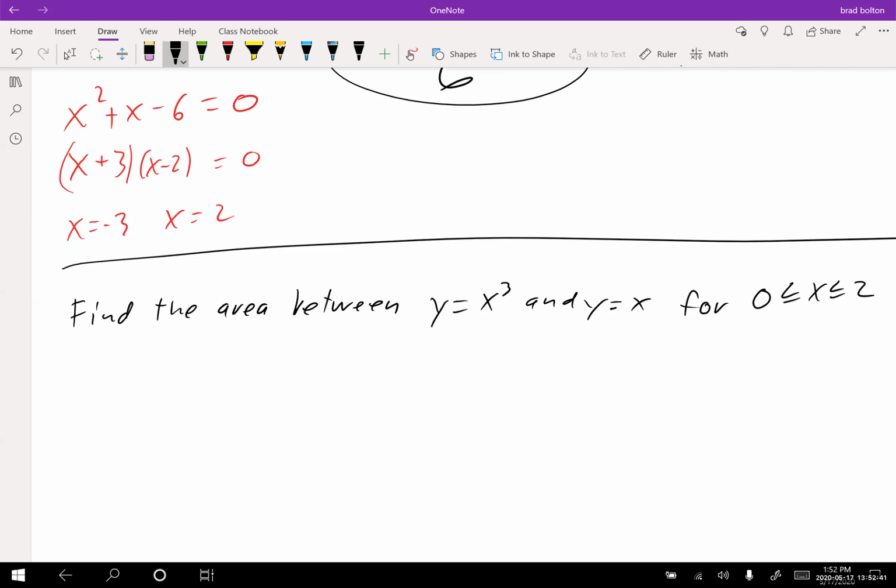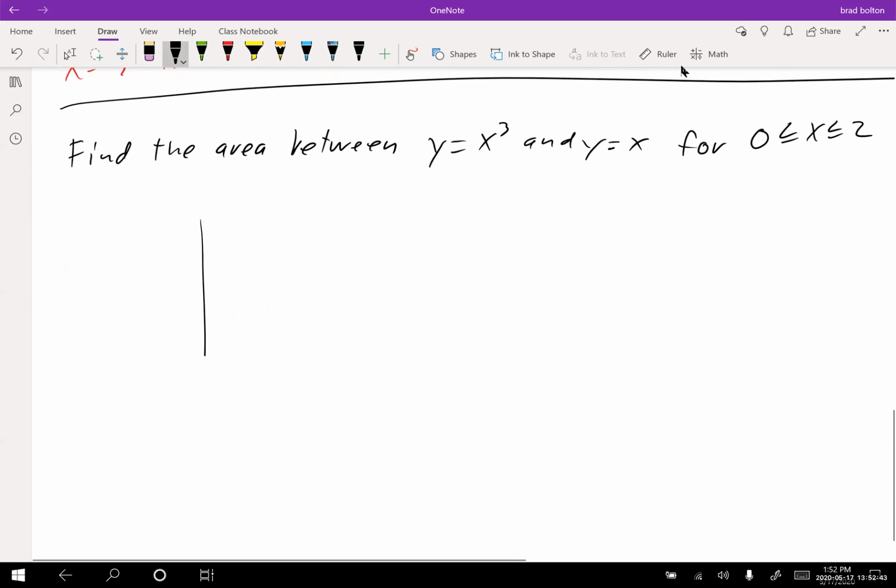Okay, so first thing you guys should be doing is sketching. Once again, draw your sketch. And when you do this on your calculator, you should get something like this. Oops, let me use a different color. So we should get something like that.